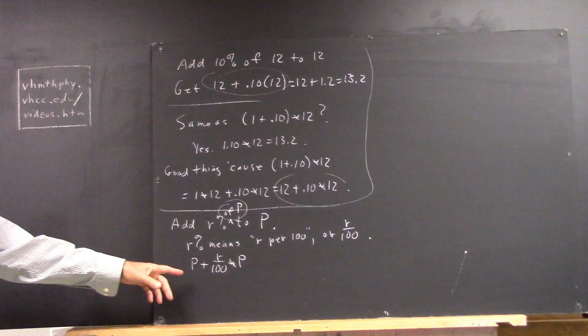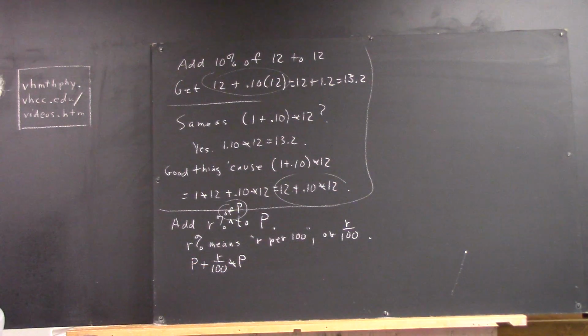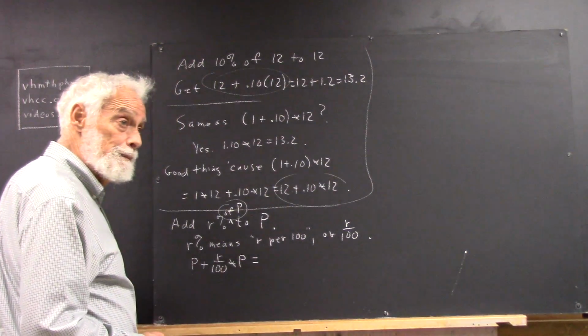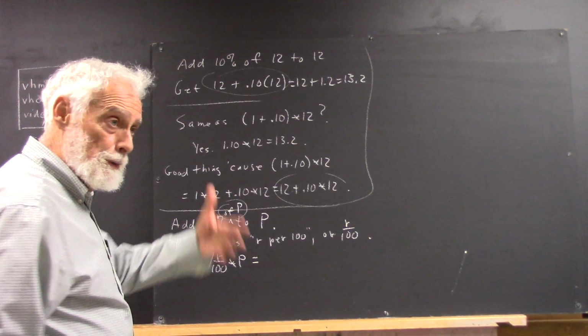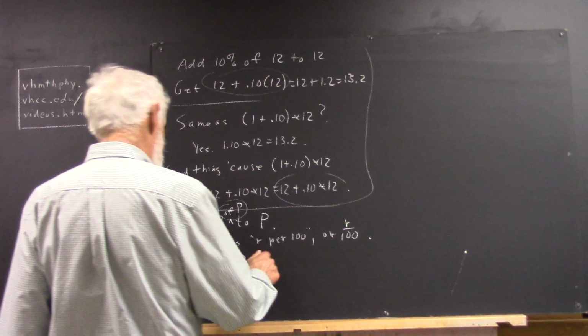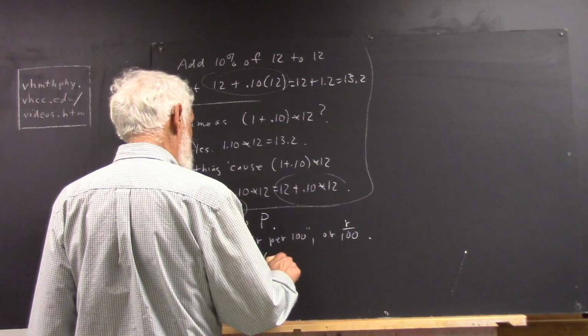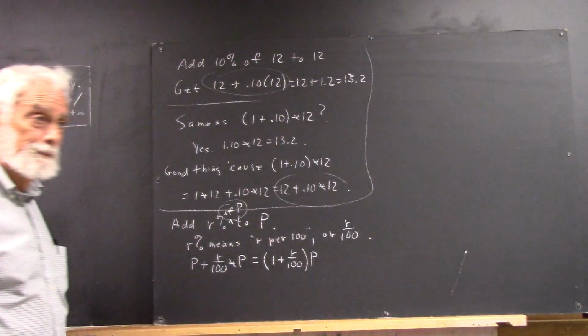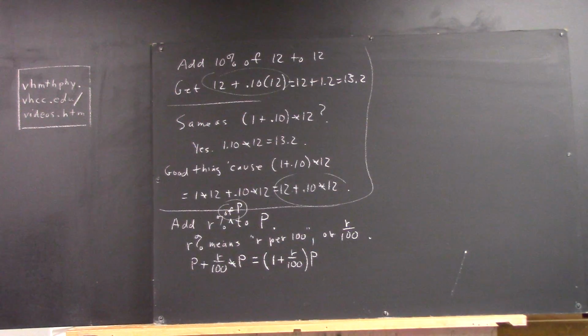And how could you write that in a little bit different form? Well, I guess you could have like PR over 100. You could, yeah, but what I'm getting at is I can factor out P. Just like I factored out the term in the sequence of questions we looked at before, and I would get 1 plus R over 100 times P. Okay, that makes sense.